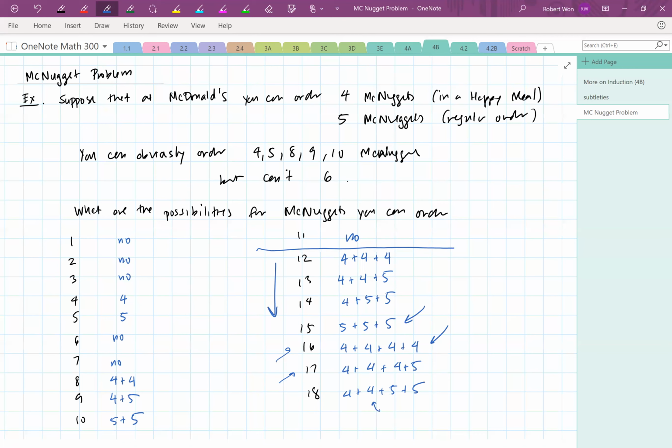You could probably convince your friends by showing them this table and saying, well, you always replace a 4 with a 5, unless you don't have any 4s, in which case you just replace three 5s with four 4s, and then you're done. But to make that rigorous, to say you can always do this, you should really do this by induction. And this is a good example of an induction that starts not at 0 or 1, but actually starts at 12, very naturally.